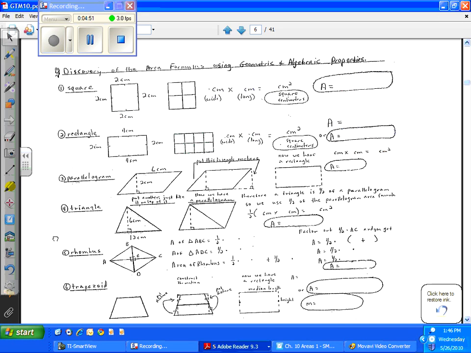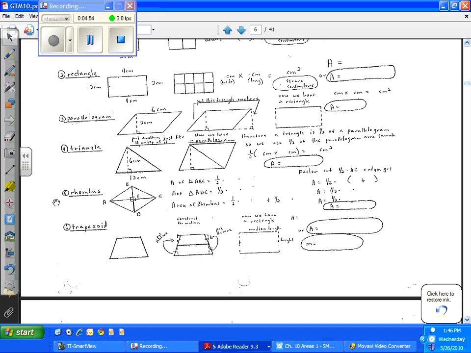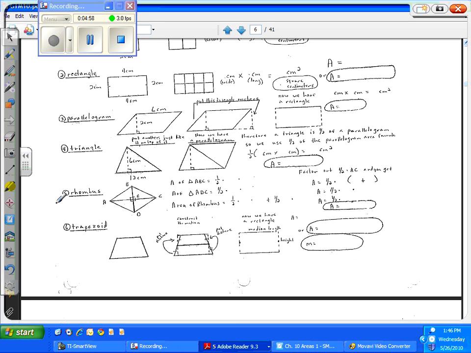Now watch as we come on down here. You look at a parallelogram. On a rectangle, we used one side as the base and another side as the height. The reason we can do that is because in a rectangle, the angles are 90 degrees. Height is how tall something is, and how tall something is in geometry we call an altitude, and an altitude is a perpendicular segment.